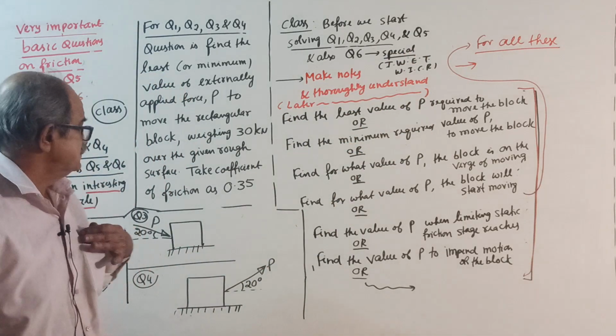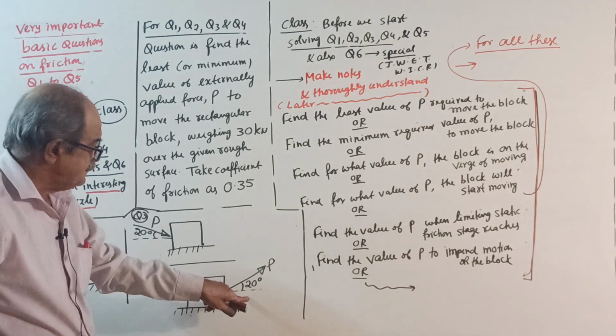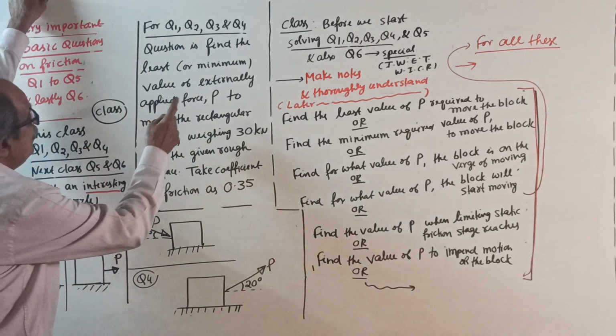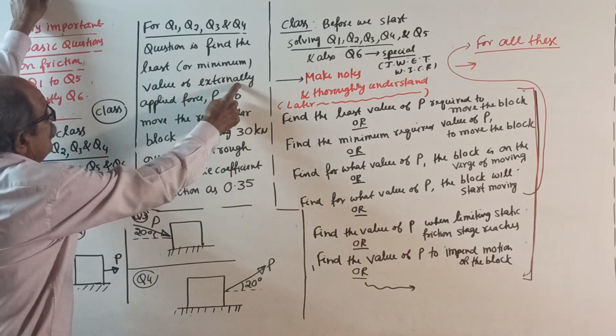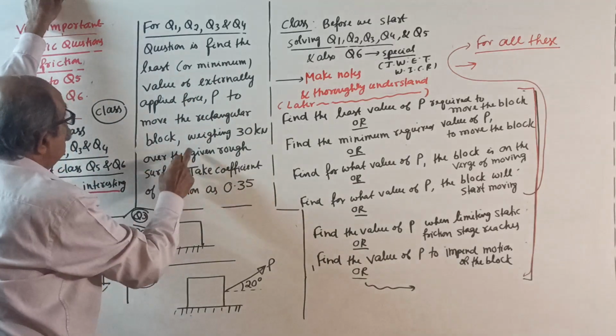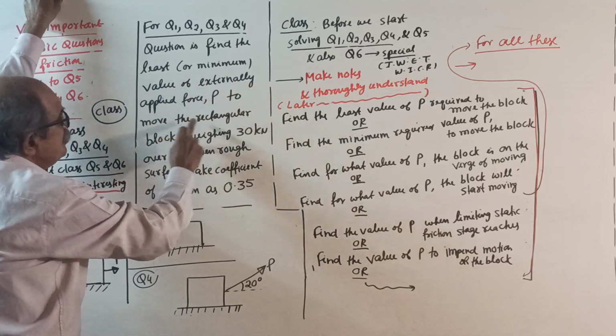All the 4 questions today and also the next question coming up will look the same way with P. The question is to find the least or minimum value of externally applied force P to move the block.